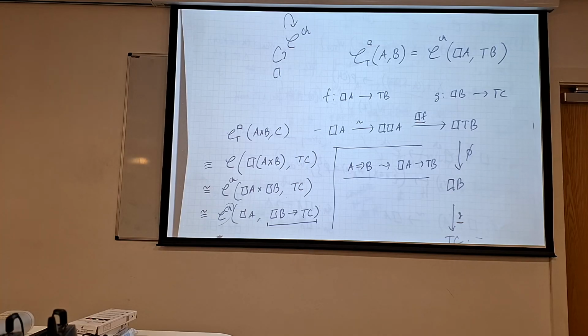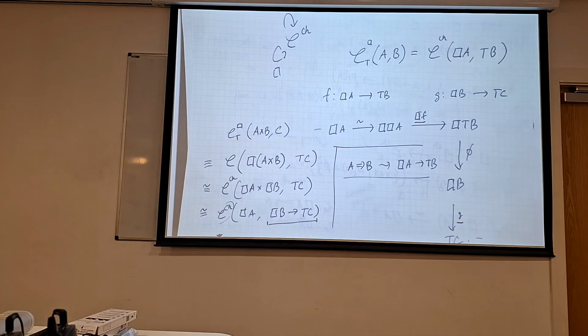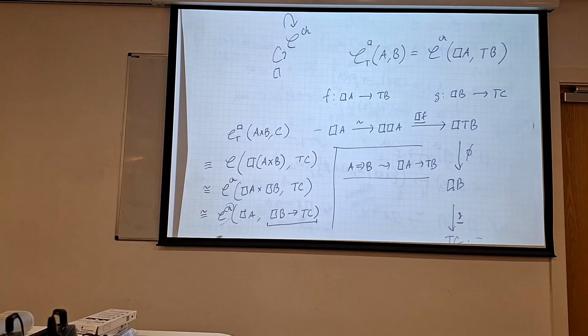Are there any further questions? It looks from that diagram of the composition there, like there should be a sort of dual way to compose, where rather than using the co-multiplication and the unit, you use the multiplication and the co-unit.